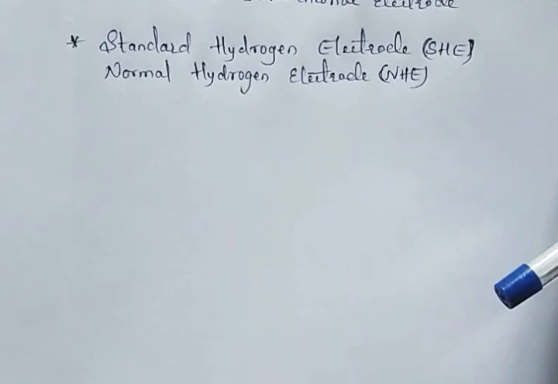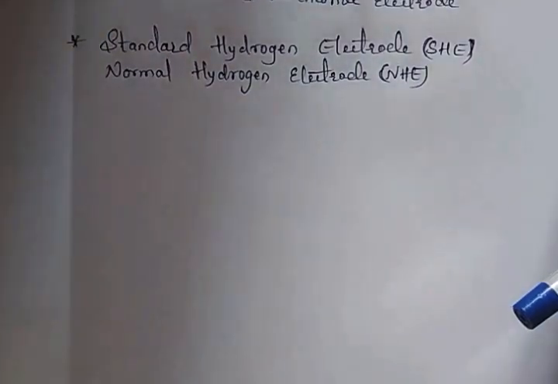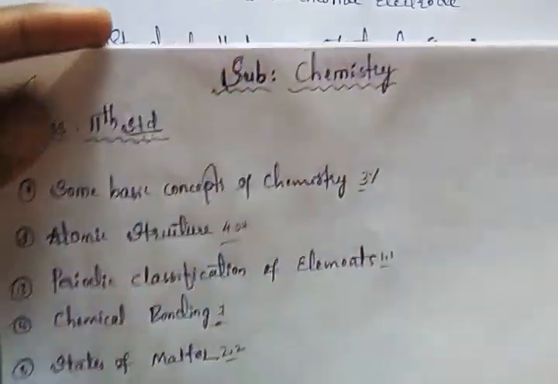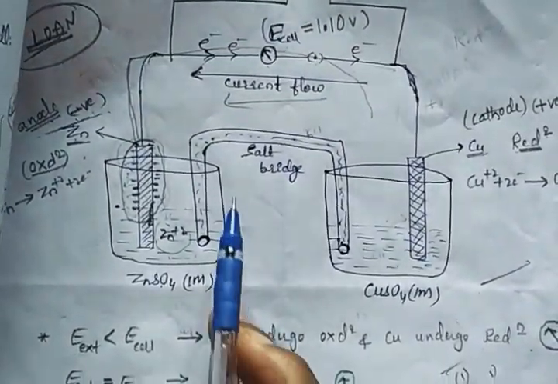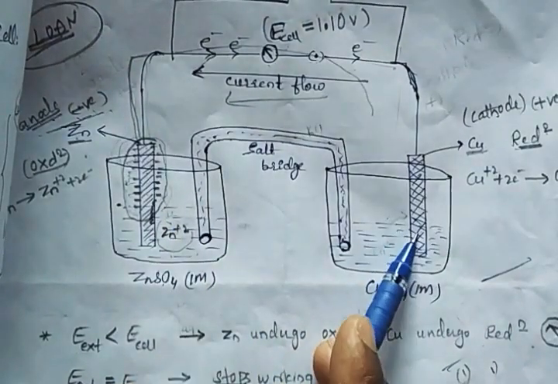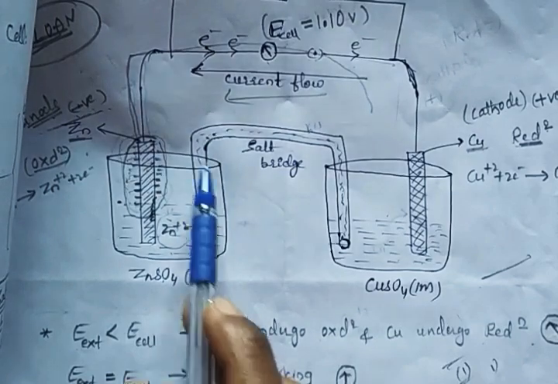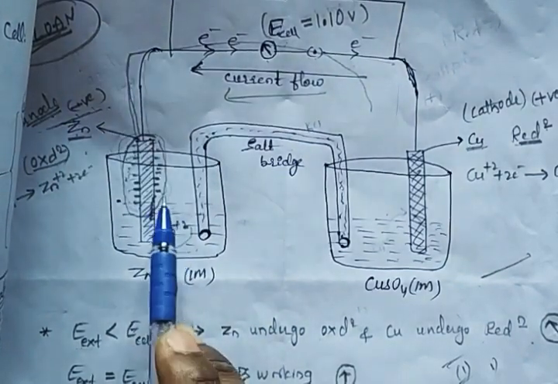That means in a cell you can consider the half cell in a particular cell. For example, look at this Daniell cell that we have studied. In this Daniell cell, this is a half cell and that is a half cell. For a single half cell, the oxidation reaction takes place.